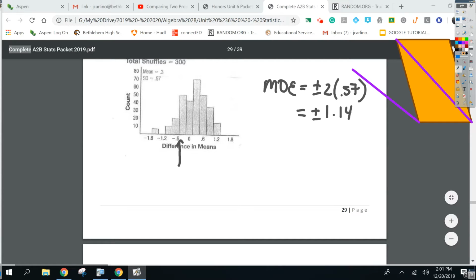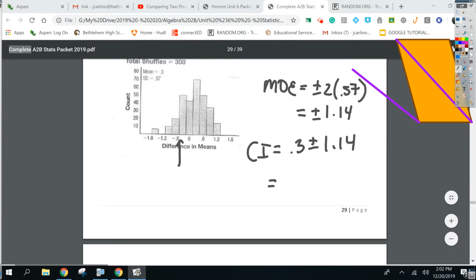And now to find the confidence interval, you're going to take, what was my mean? 0.3 plus or minus 1.14. And what do we end up with?